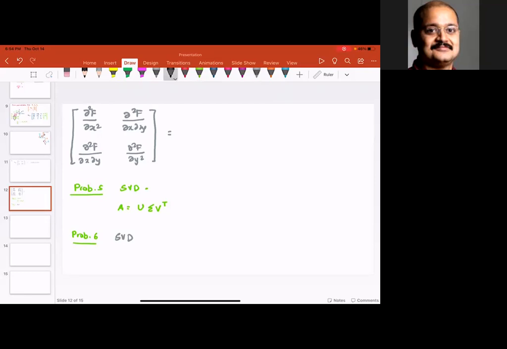So the next problem is: find the rank 1 approximation, and the matrix A is 3 0 0, 0 2 0, 0 0 1.